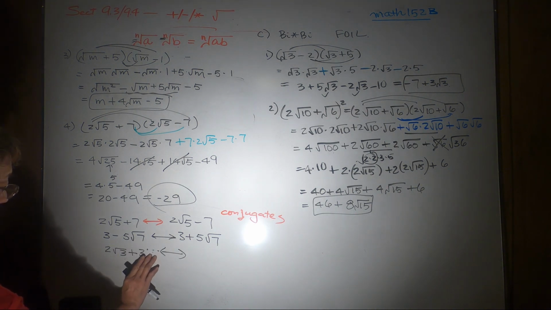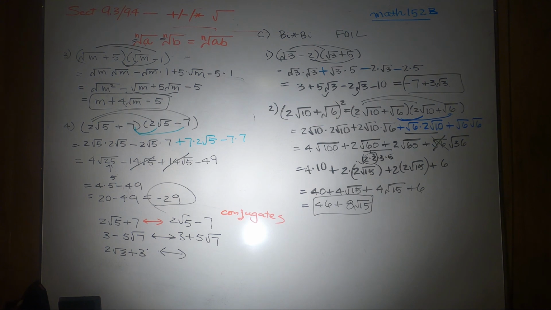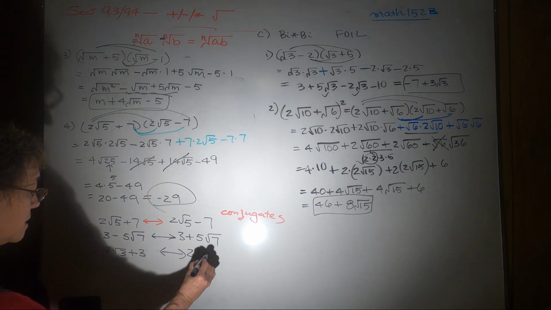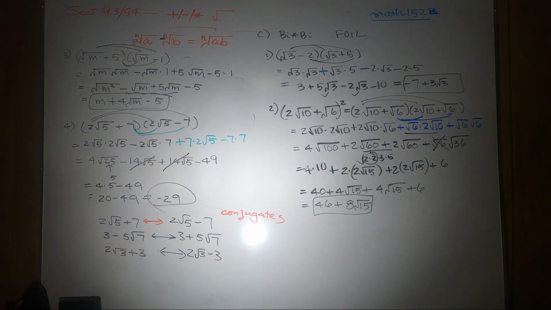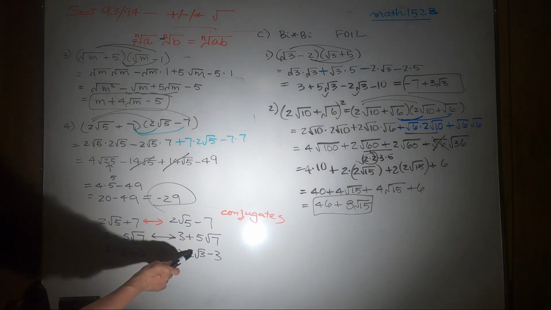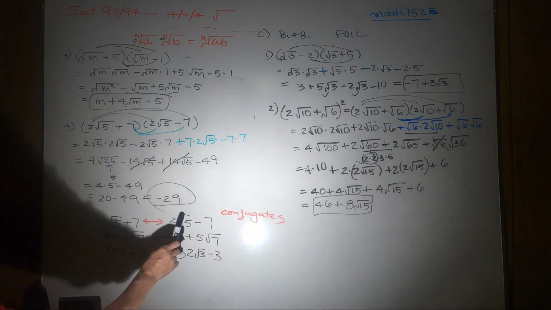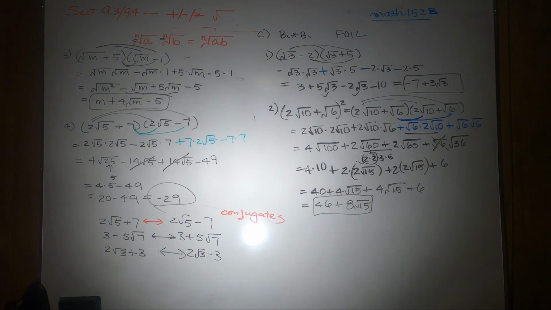We just need one of them. It would be 2 square root of 3 minus 3 square root of 7. So if you change the sign and the other numbers remain the same, then you have conjugates. We need these conjugate concepts to do division.